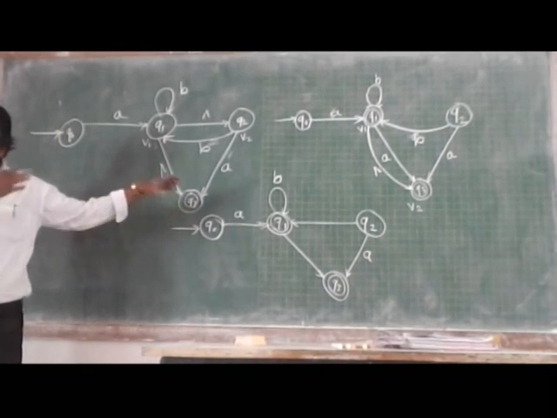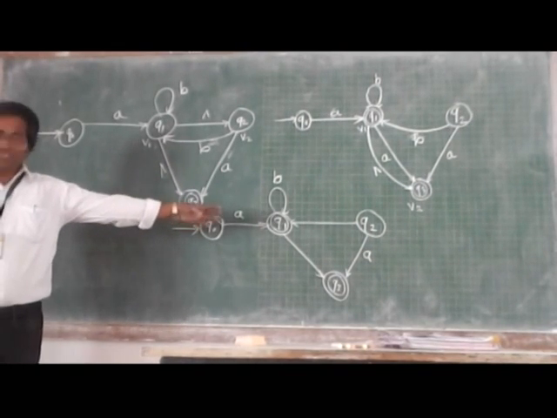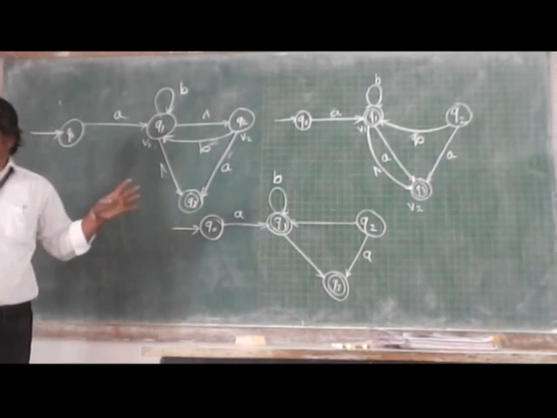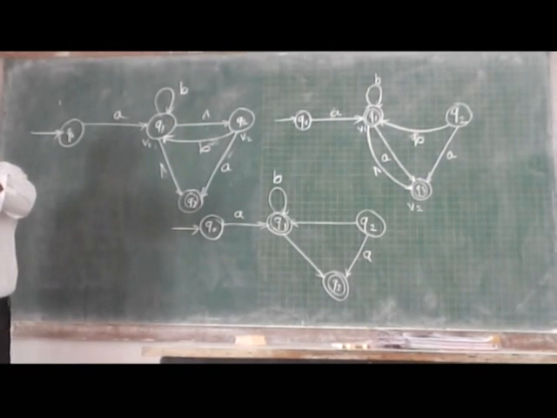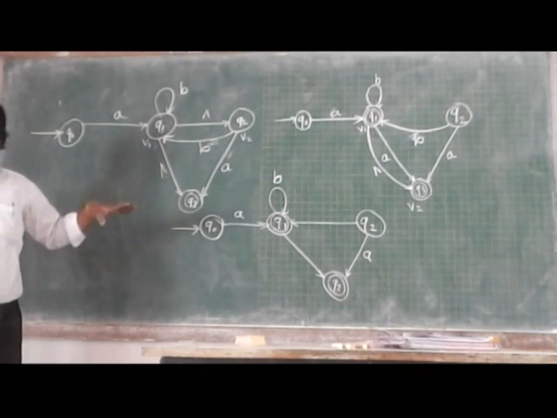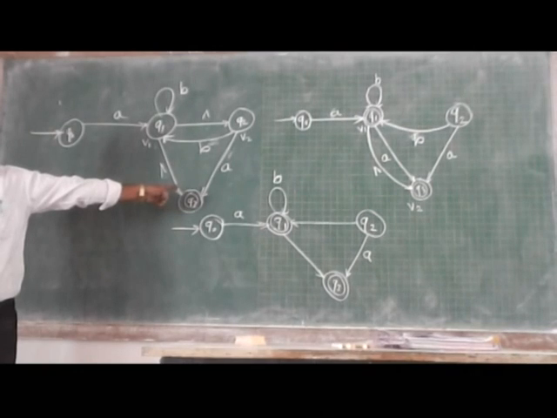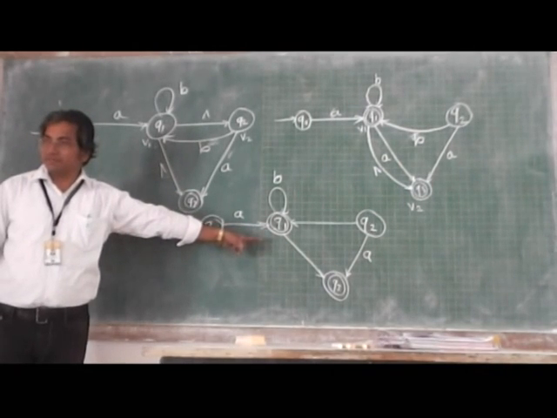So in the next step what happens? This Q2 automatically gets removed because it does not have any significance. But we won't remove it. Okay? What the examiner asked you is just remove the nulls from the given diagram. You keep it as it is.